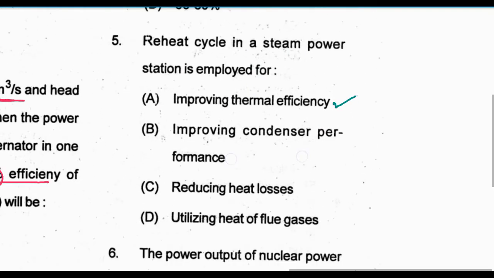Next: reheat cycle in a steam power station is employed for option A, improving thermal efficiency, option B, improving condenser performance, option C, reducing heat losses, option D, utilizing heat of flue gases. So reheat cycle in a steam power plant is employed for improving thermal efficiency. Option A is the correct answer.